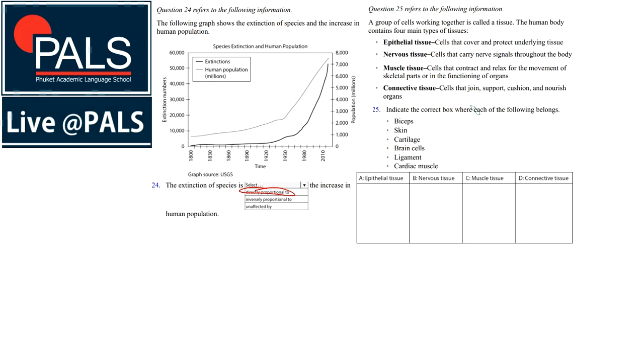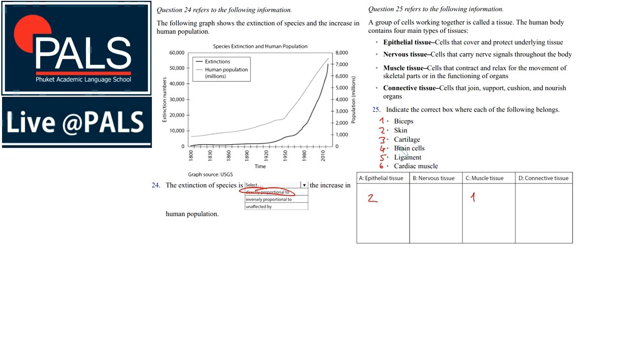Indicate the correct box where each of the following belongs. So let's number these: 1, 2, 3, 4, 5, 6. So this implies some knowledge. Biceps is a muscle, so that must be muscle tissue. The skin covers and protects underlying tissues, so it's epithelial tissue.